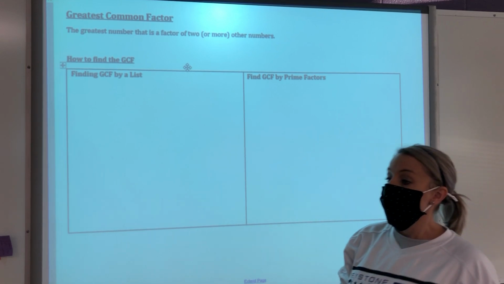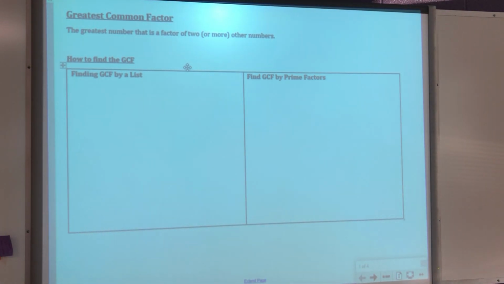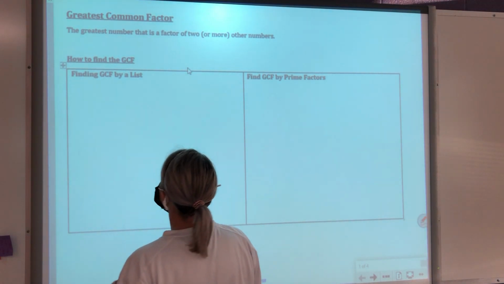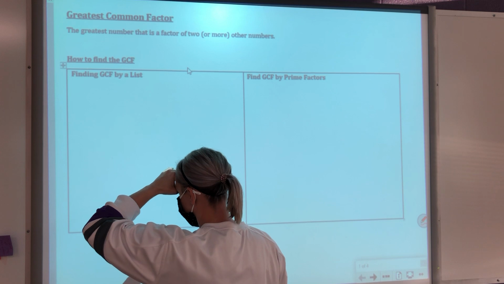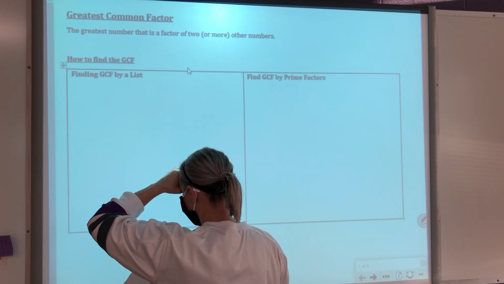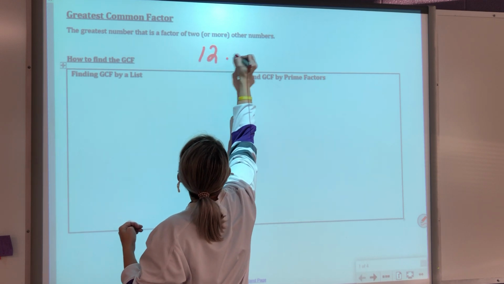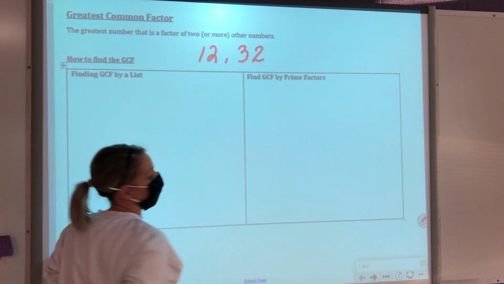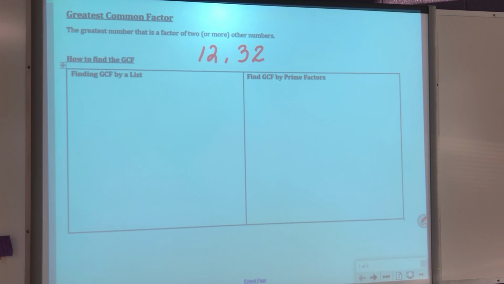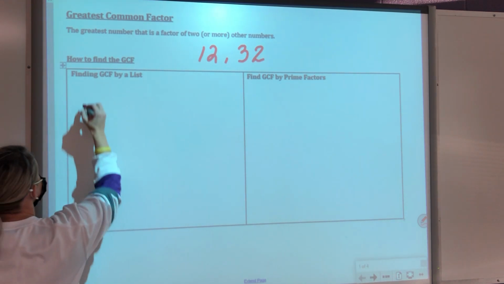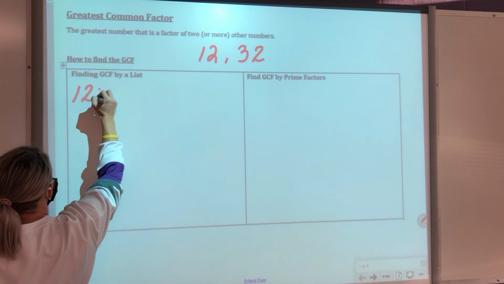Listing is creating a list. What we're going to work with today is 12 and 32. So we're going to find the greatest common factor of 12 and 32. The first thing we can do is find the factors of 12.